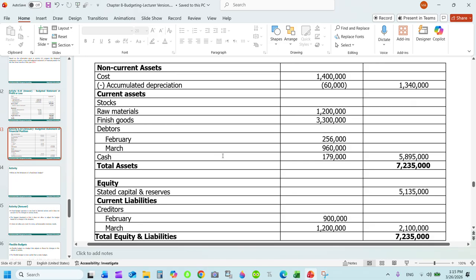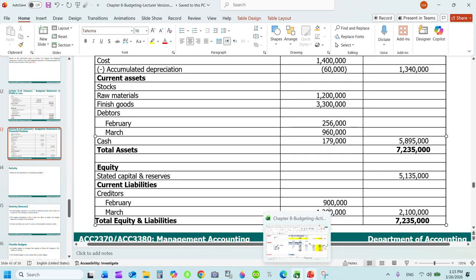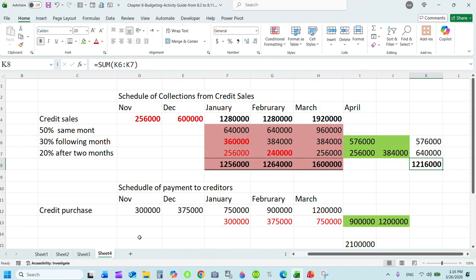Then cash balance 79,000. Stated capital and reserves, you can now see it has been changed. Original value plus 690. And creditors, you can see 90,000 and 1.2 million. Okay.